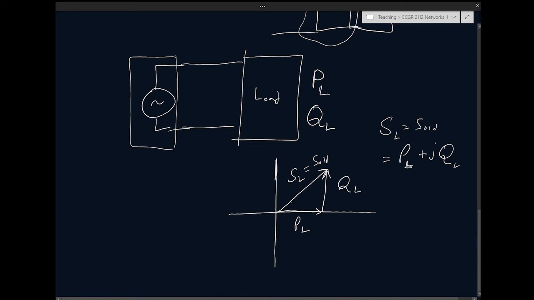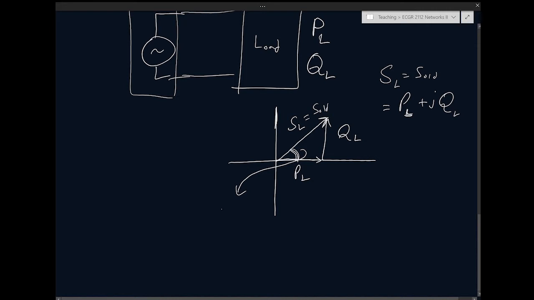And we said this angle is the power factor angle. This is theta old, let's call it. This is theta VL minus theta IL. We established that from the formula for S: S equals VL IL conjugate. Those are phasors.